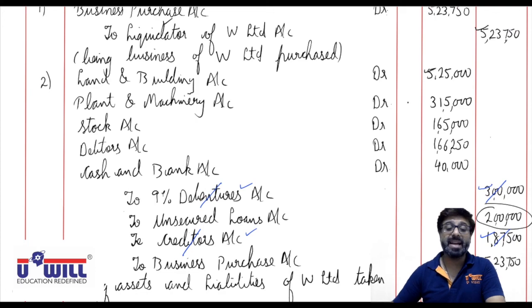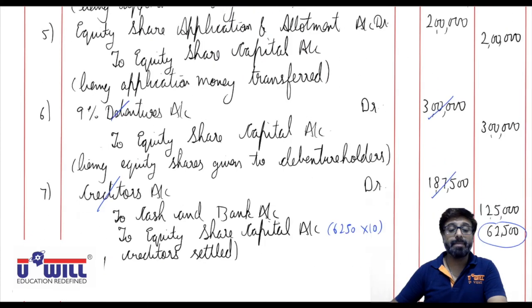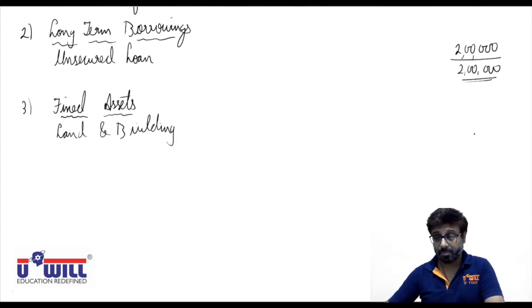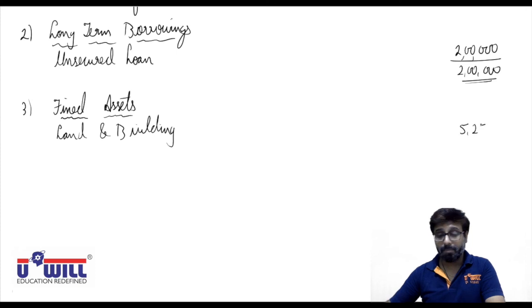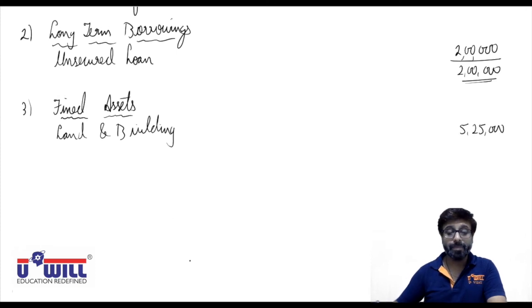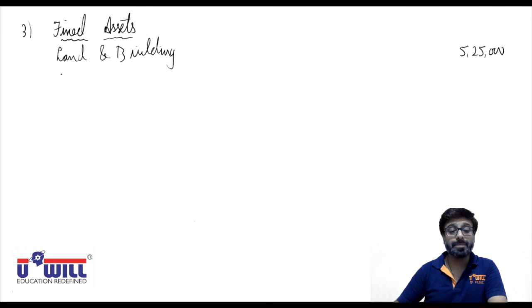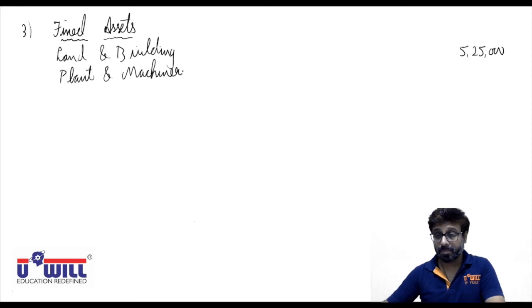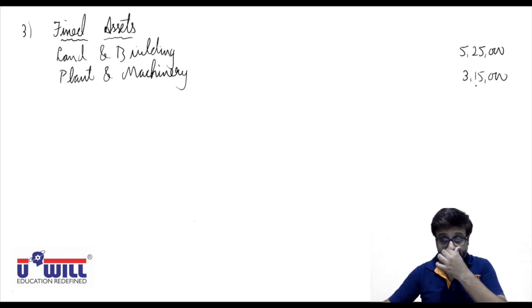Plant and machinery, 3,15,000. So total non-current fixed assets what we have is 8,40,000.